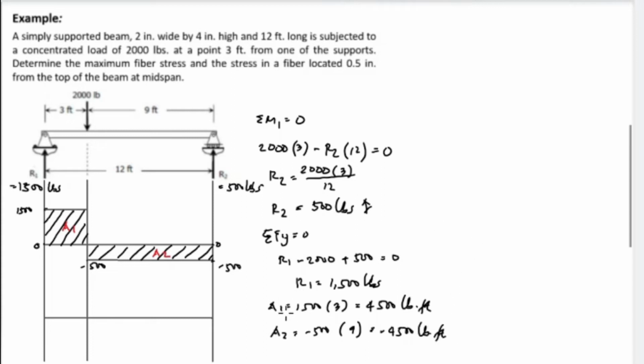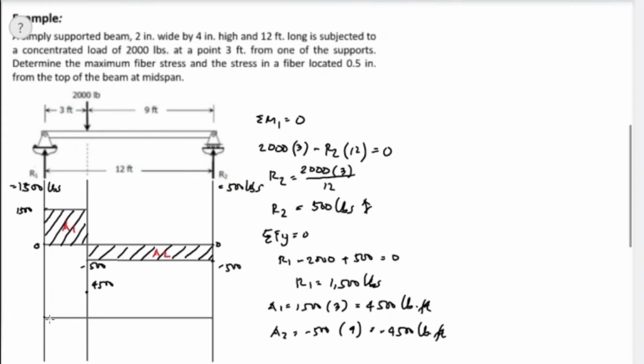So we have area 1, which is 4,500 from 0, and the value is 4,500 up to the concentrated load. So this will be positive 4,500, and the line is diagonal. So from horizontal line, next is diagonal line.